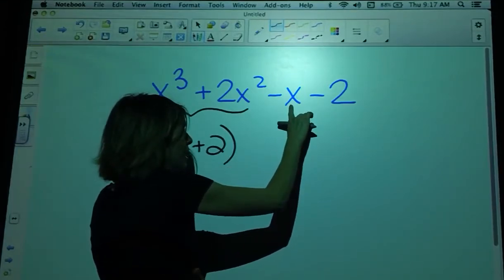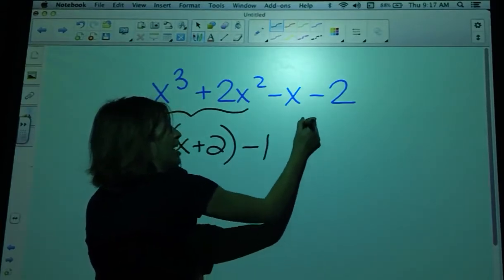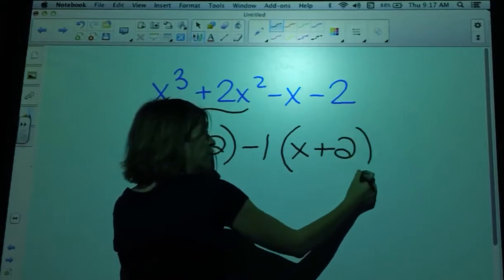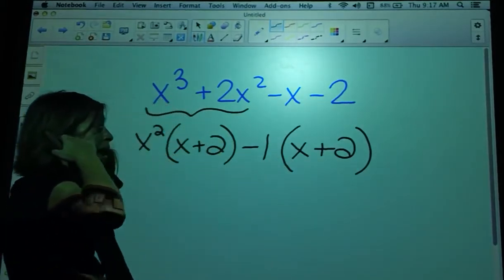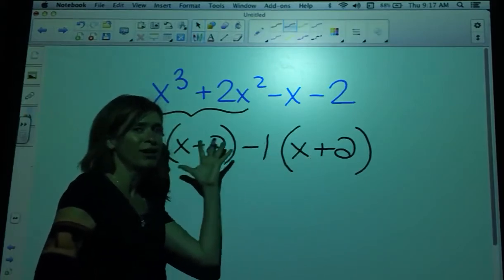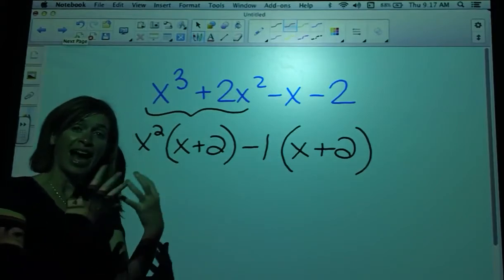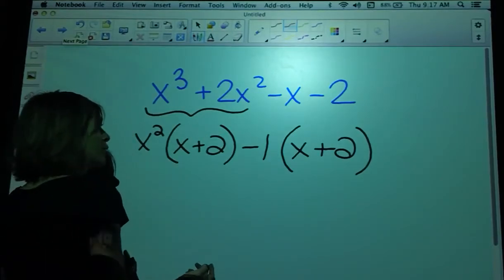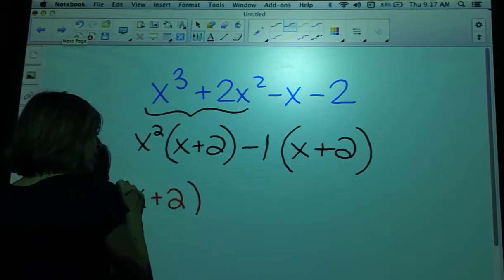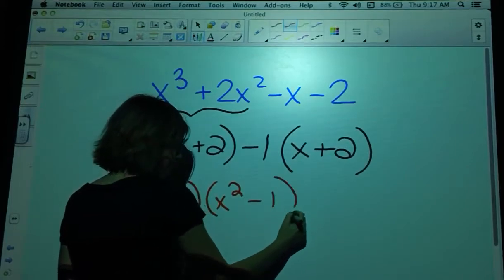So I'm going to pull out a negative 1 to the front, and I'd be left with x plus 2. Pulling out the negative 1 changes both of those to the opposites. Now look what happened there. I got two binomials that are exactly the same, so now I have a GCF to factor out. I factor out an x plus 2, and I'm left with x squared minus 1.